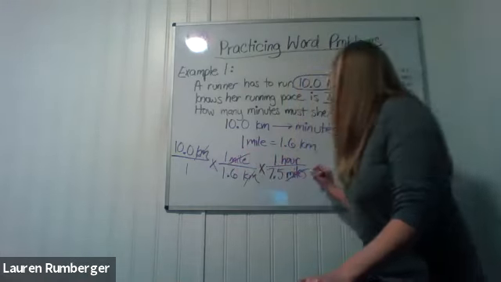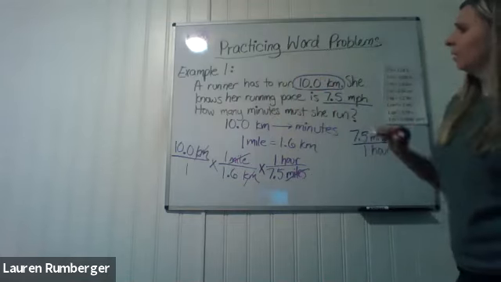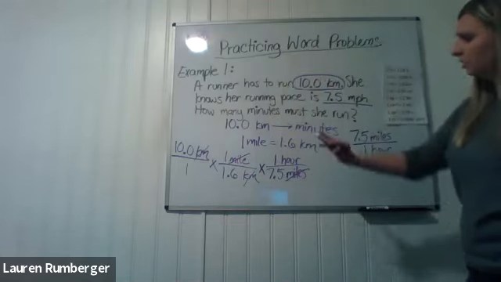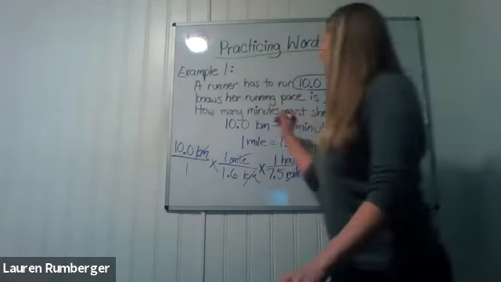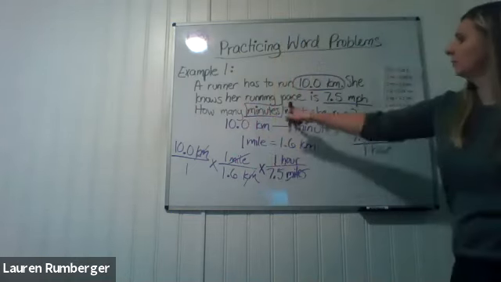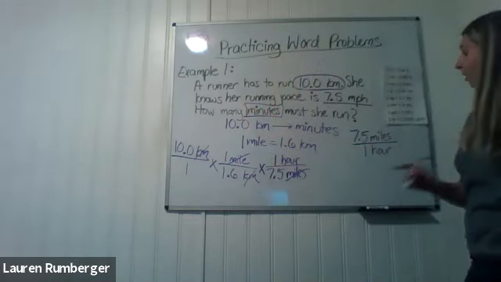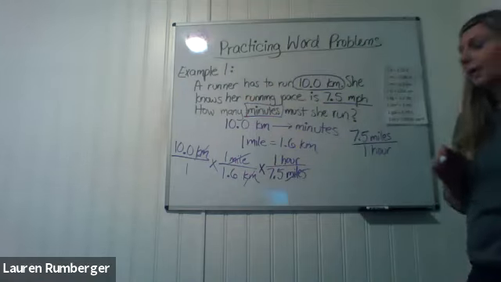So now what we have done is that we've applied the running pace in order to change distance into time. But remember, our question is asking for minutes. We have hours right now. How many minutes are in an hour?